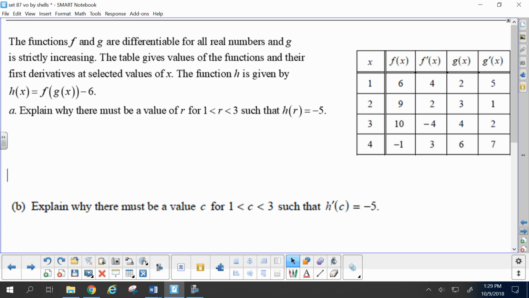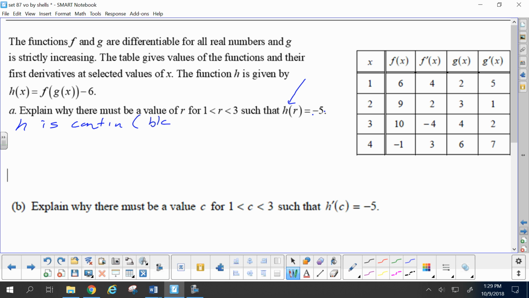Why must there be a place where the function is -5? What'd you use? IVT. Now, to meet the conditions, you might have felt like you were kind of hoping something was true or making it up. It is true that H is continuous, and why is it continuous?